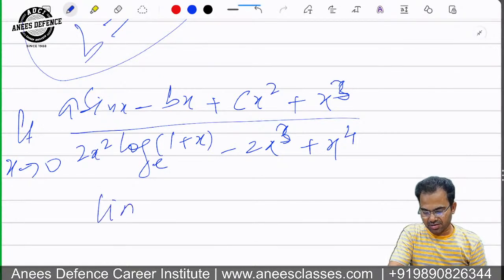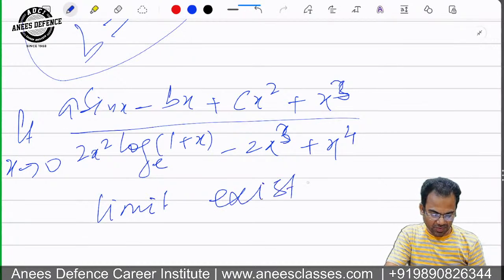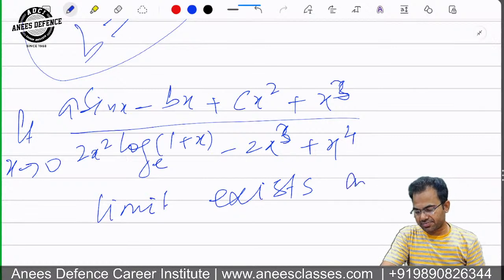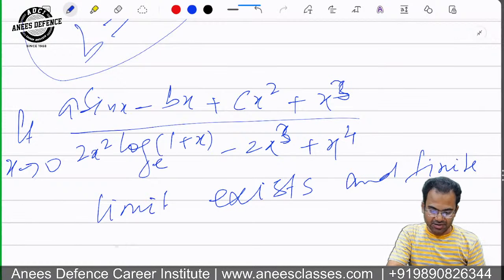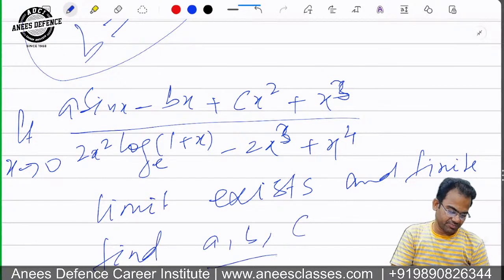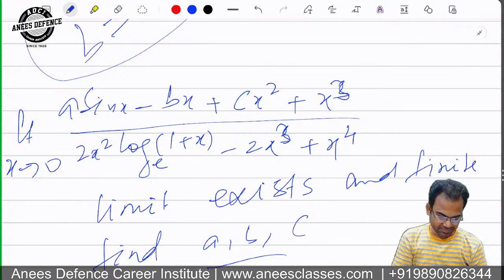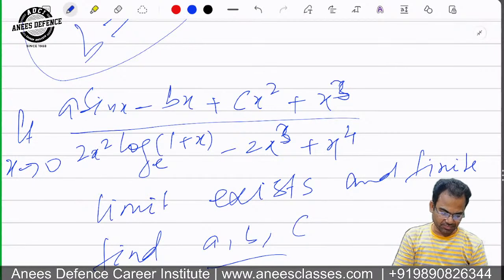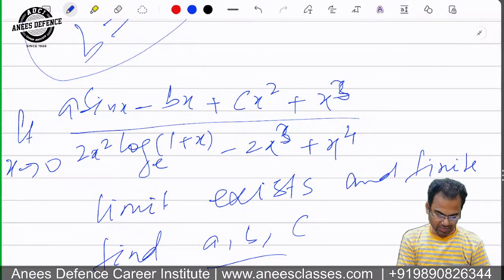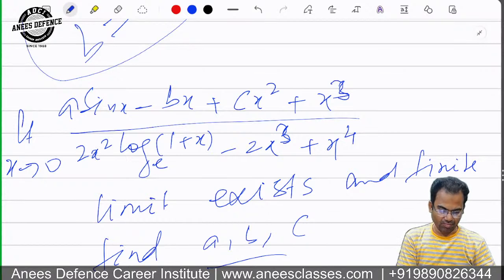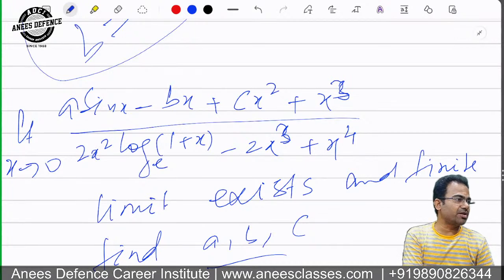Limit exists and is finite. Find a, b, c. Then you have to also find the limit.